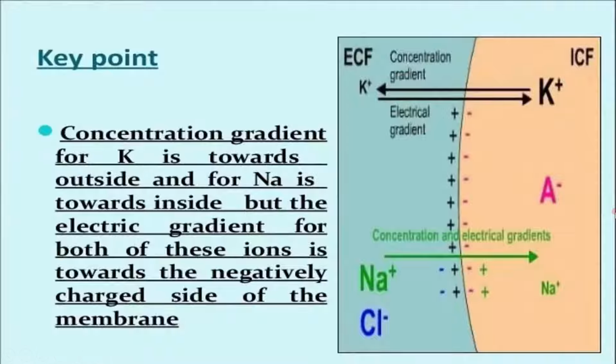Initially, the concentration gradient far exceeds the electrical gradient, so ions of potassium will move from inside to outside. A time will come when this electrical gradient and concentration gradient will equal one another. As a result, no net diffusion will occur.